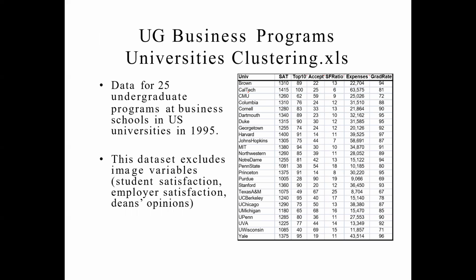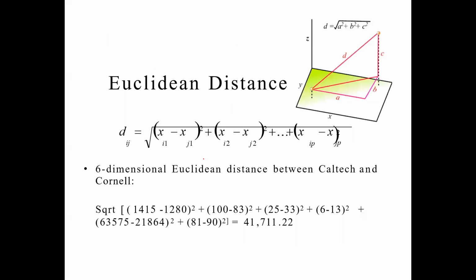Here is Caltech, and here is Cornell. You apply the Euclidean distance formula to calculate the distance between the two objects. Here my object is nothing but the university, and it is represented by the 6-dimensional data set.